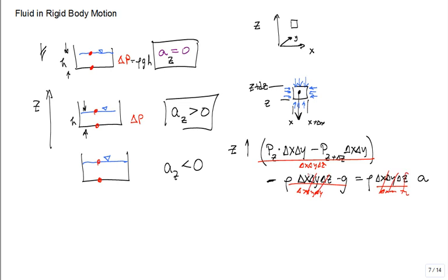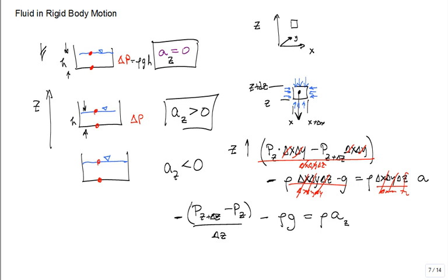But I'm left with this very funny term, which is p of z plus delta z minus p of z divided by delta z, and I'm going to put a negative sign because I need to do that. Then I have a minus rho g equal to rho a. Did I do that correctly? Good. This is only in the z direction.